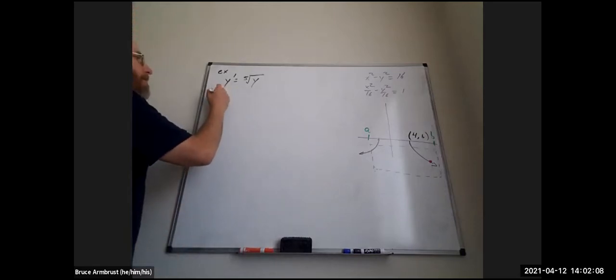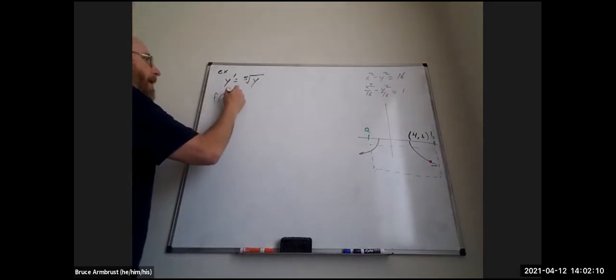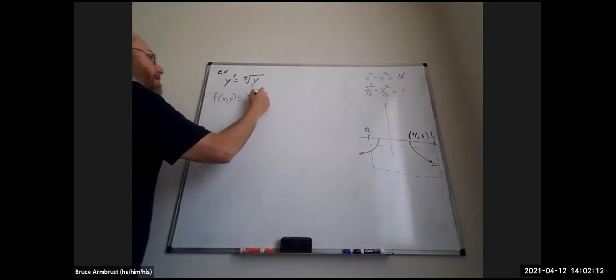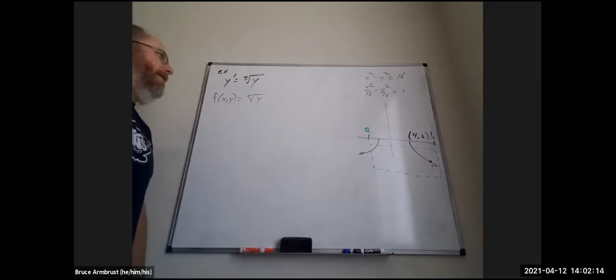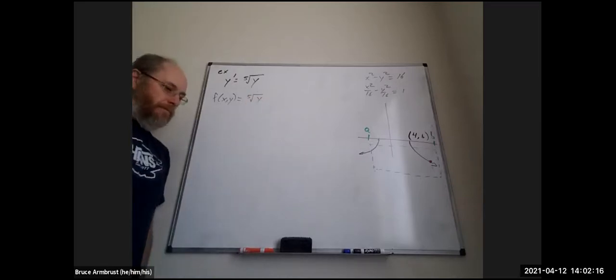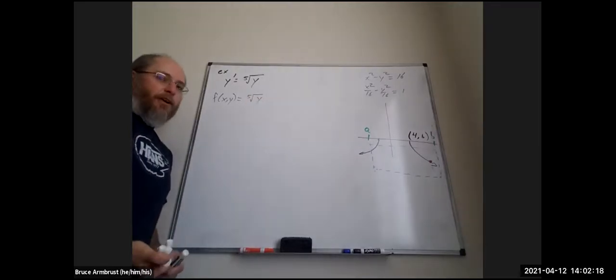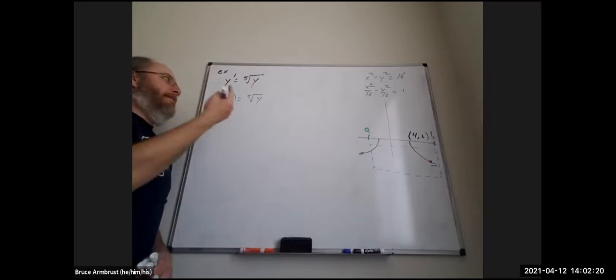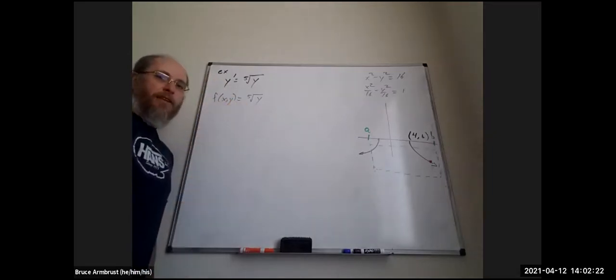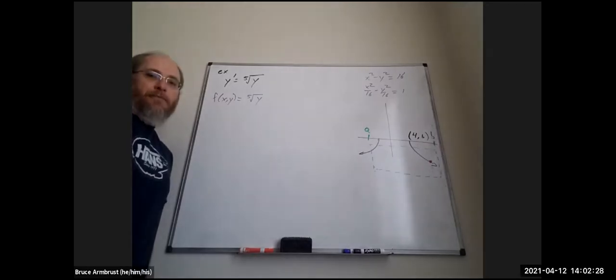All right, so in this case, f of x, y is the 5th root of y. So let's start with this function in terms of continuity. Where is this going to be continuous? Everywhere, right?